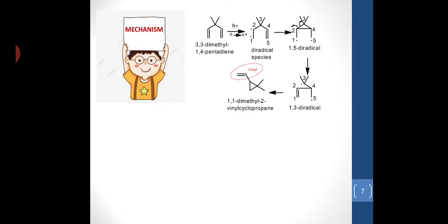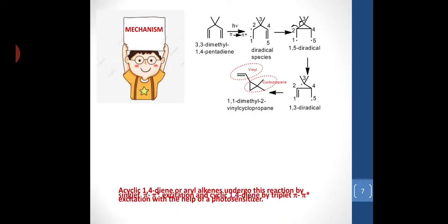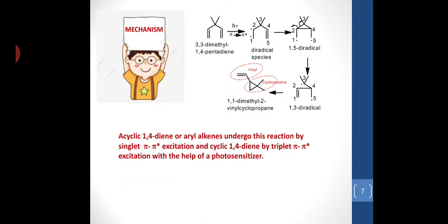Look, this is the vinyl moiety and this is the cyclopropane ring. So the net result is that a 1,4-diene system gets converted to a vinyl cyclopropane derivative in the presence of light.